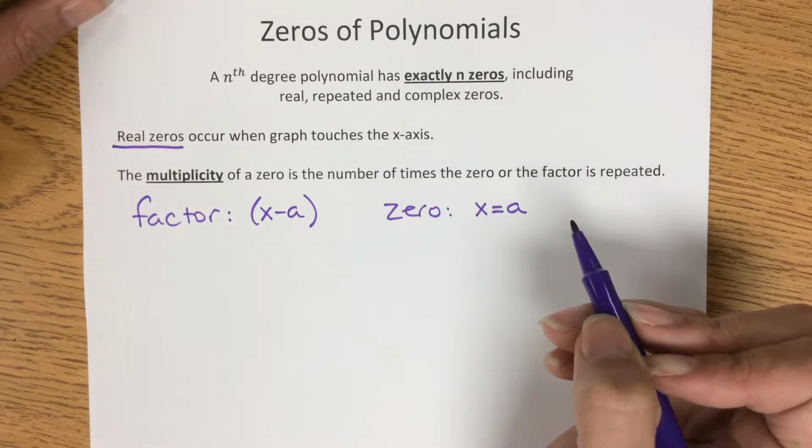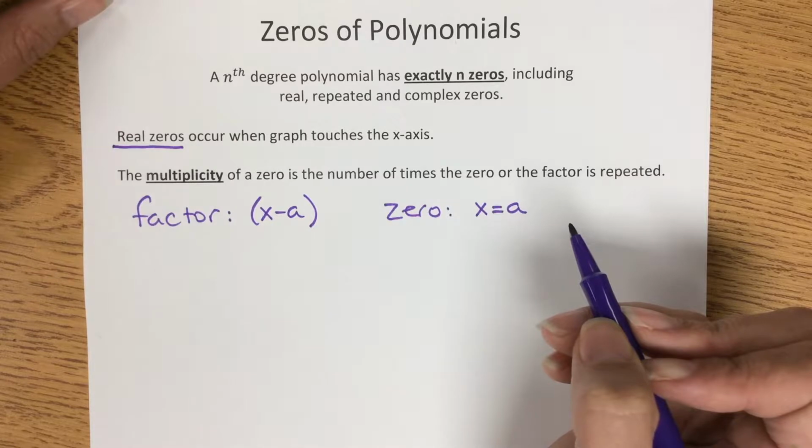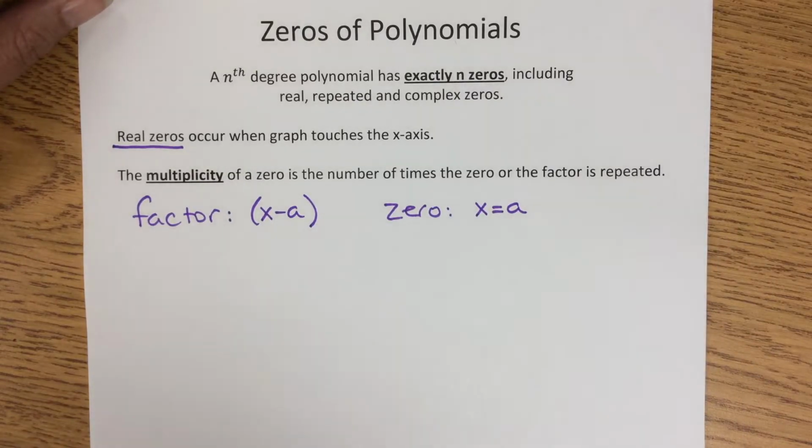If a factor repeats, it will affect the behavior of the graph around the zero. We call this multiplicity. The multiplicity of a zero is the number of times the zero or factor is repeated, and it will affect the behavior of our graph.